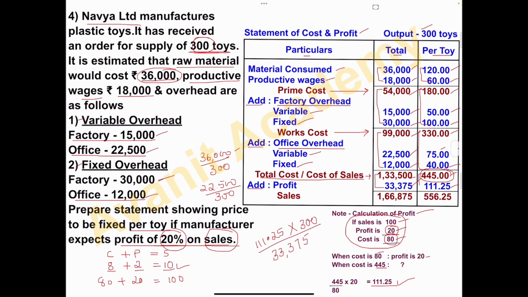Add these two amounts: 1,33,500 plus 33,375, and you will get the total 1,66,875. Per toy 445 plus 111.25, and the total is 556.25. This is called sales. The total of total cost and profit is sales.